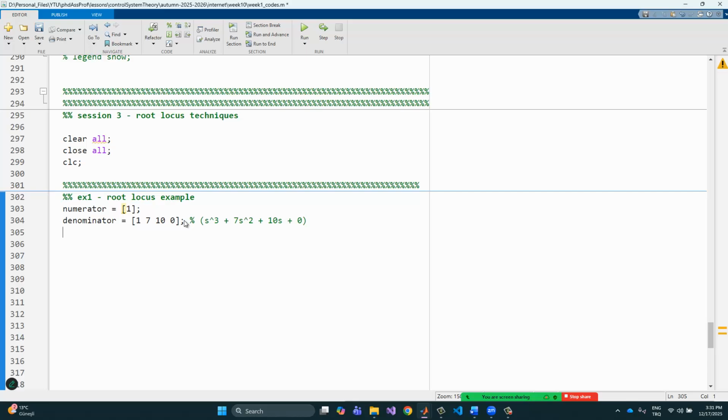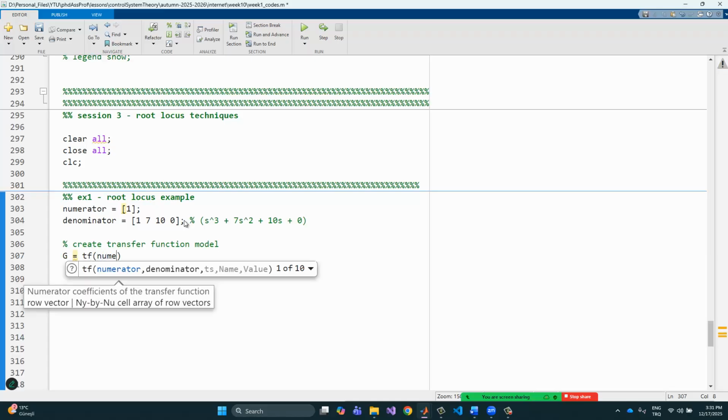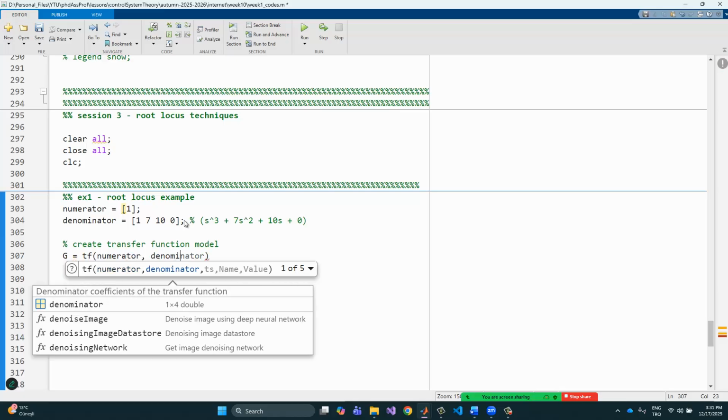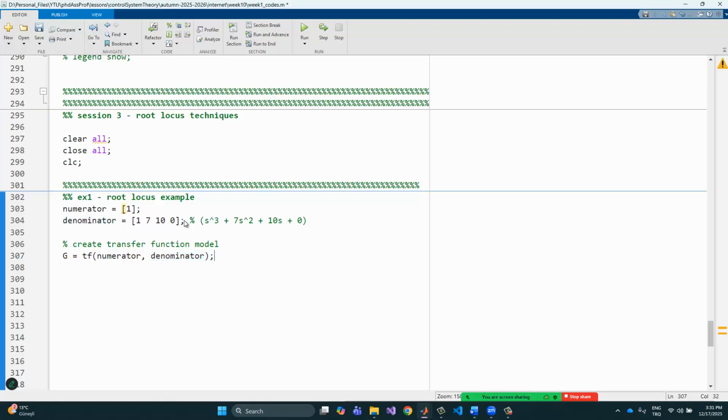Firstly, we need to create the transfer function model, and g equals tf of numerator and denominator. Okay, these are planned.